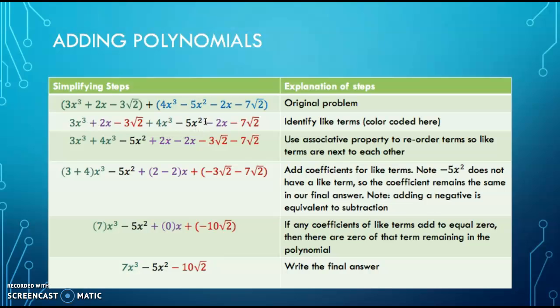Notice there is only a negative 5x squared in the polynomial on the right hand side, and there is not an x squared term in the polynomial on the left. So that's just one term, I have nothing to combine it with, and that is okay. I also have a constant here. Notice there's a radical in there, and that is okay as well.